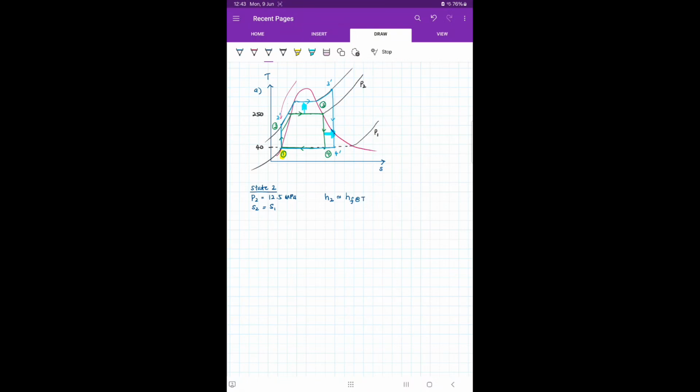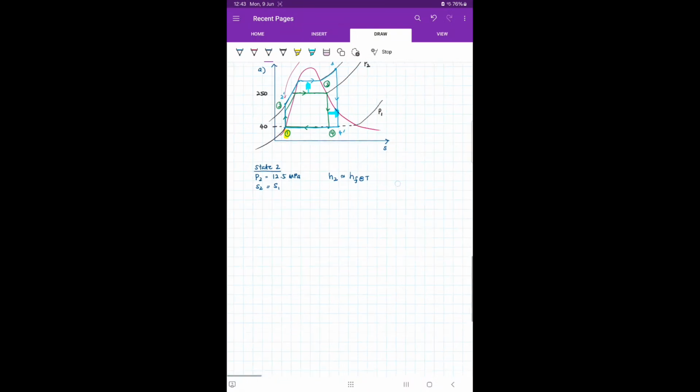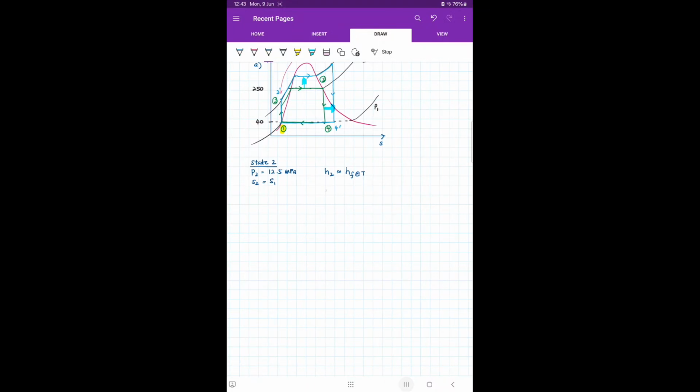So again, we can use the information that we have before this, which is the work required by the pump is equal to V1 (P2 minus P1).